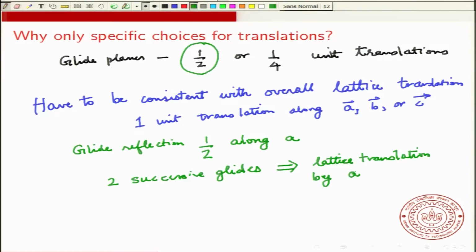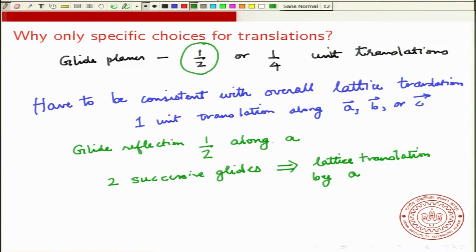When you do two successive glides, you will reflect again, so you come back to the original sense with respect to the plane of reflection, and then you get shifted by A. So the effect of two successive glides is just a lattice translation by A. In other words, the two mirror reflections cancel each other, and what you are left with is a translation by half A followed by another translation by half A.